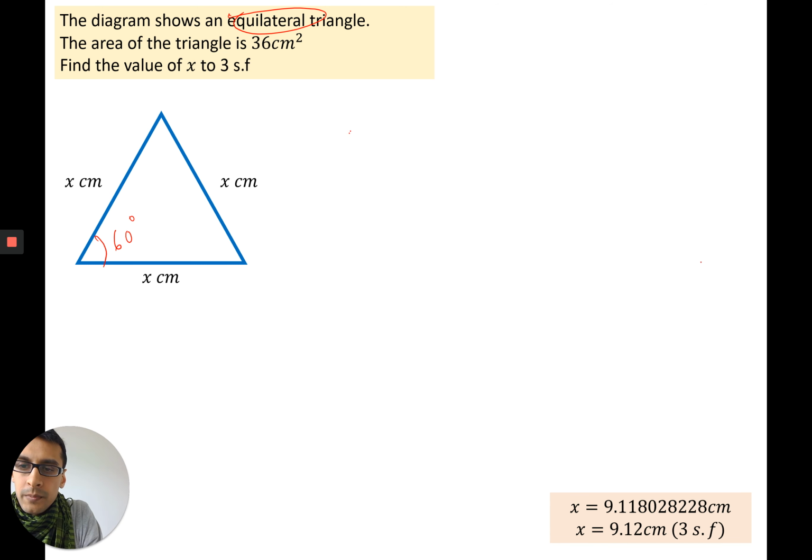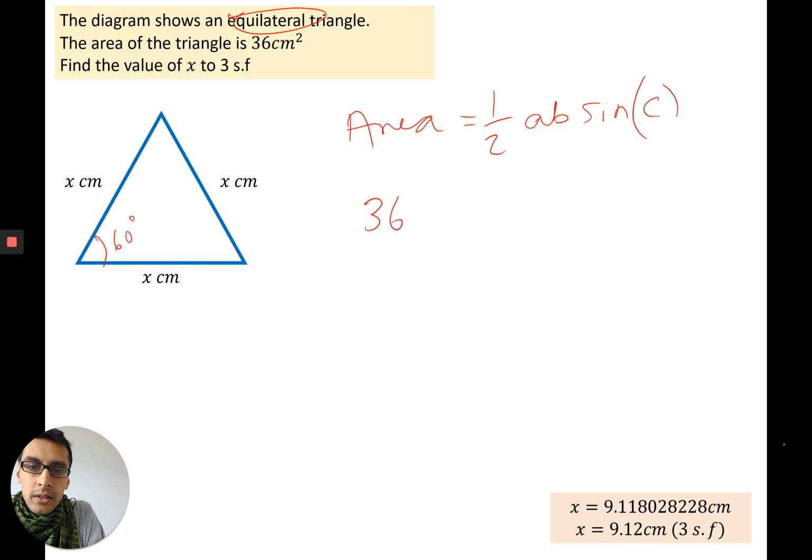So you know the area is given to you, so area equals half AB sine C. So 36 equals half. Now your A and your B is just x times x, so you get x squared. And your sine C is your sine 60.